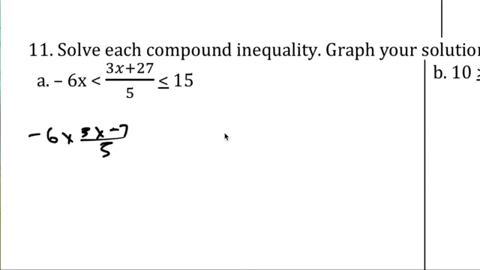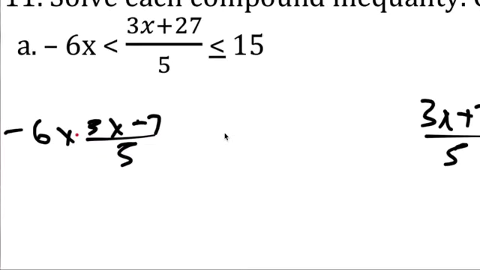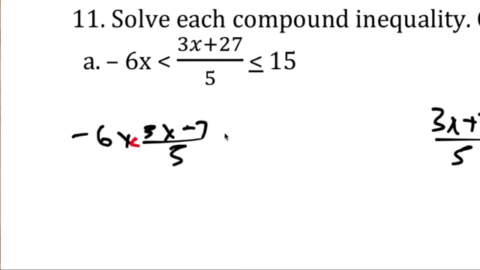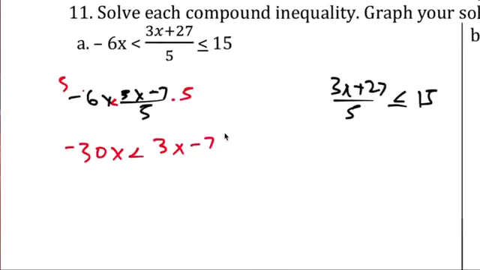And the other one is... I would times 5, get negative 30x, and 3x minus 7.